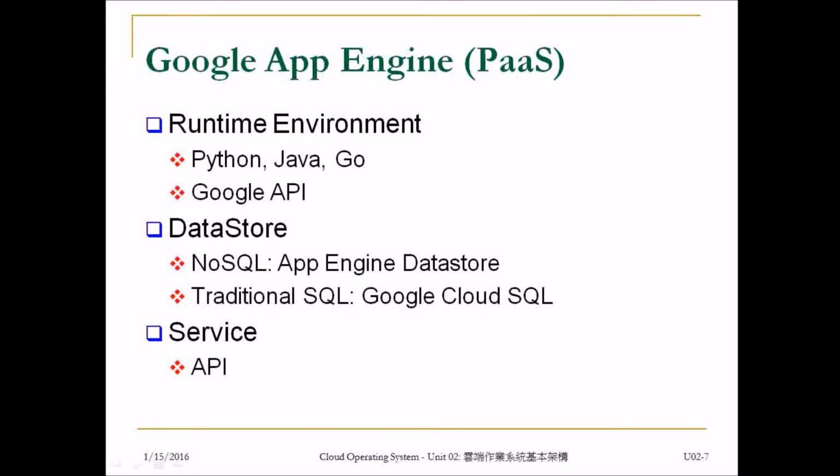How about the Google App Engine? The Google App Engine is the PaaS service, platform as a service. It provides a runtime environment. The runtime environment is given by Google, and a developer can use a programming language to develop their own application or software.